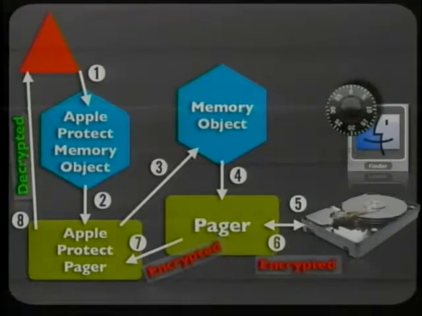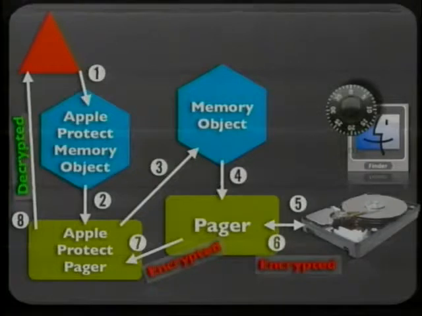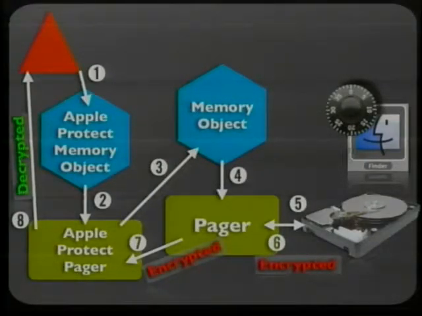All that's happening is that this guy reads protected, encrypted data from the file system. It decrypts on the fly. And it's a trivial pager because this stuff is never going to be paged out. You're not going to write to it. You don't have the keys. You shouldn't write to it.